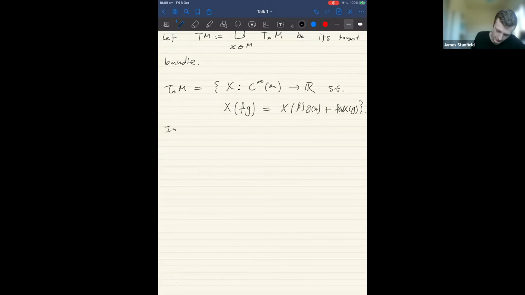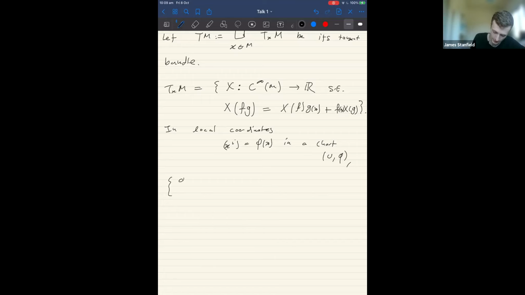So in local coordinates, say in a chart, phi of x, so some open subset of M with a coordinate chart, there is a basis.